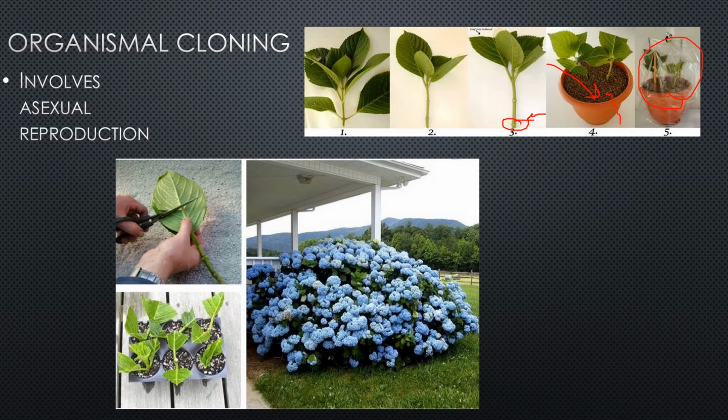The way to make sure that we get all of those clippings to work is that we can dip that clipping into what we will call root tone, which is a powder that contains hormones that induce the plant to grow roots. Okay, and so by doing that, we are cloning the original organism. So this has been used in horticulture for a very long time.